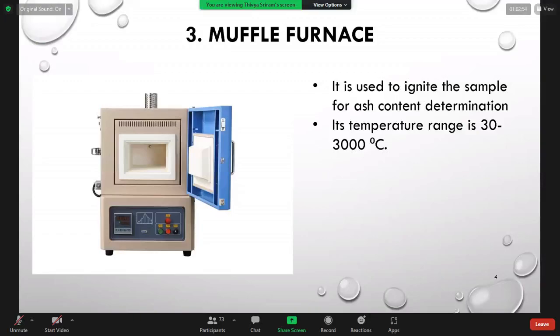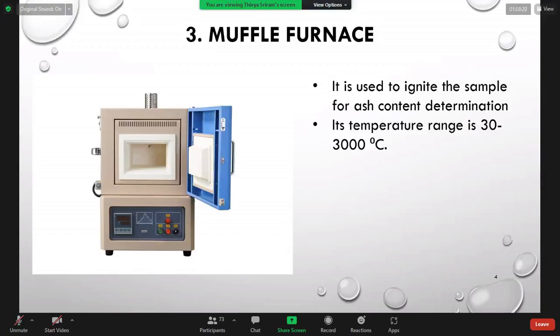If we want to determine the ash content, we have to place the sample in the crucible. After that, you have to place the sample inside the muffle furnace at high temperature. Then only can we get the ash content of the particular sample.